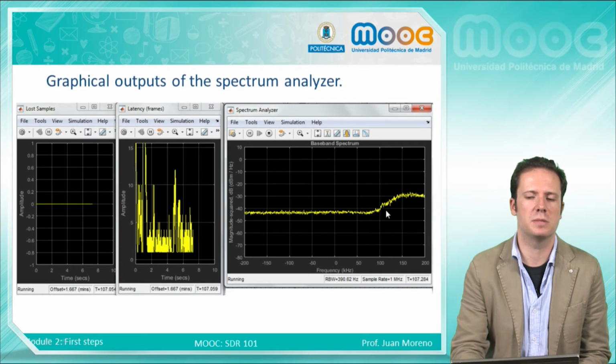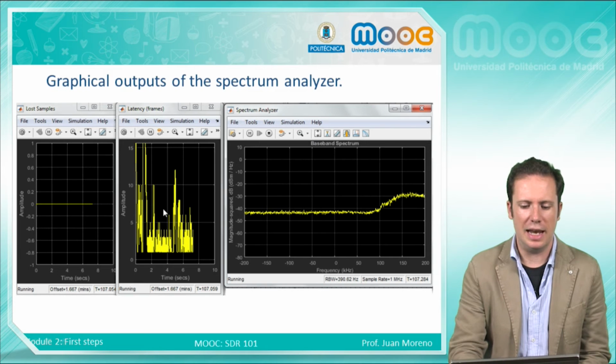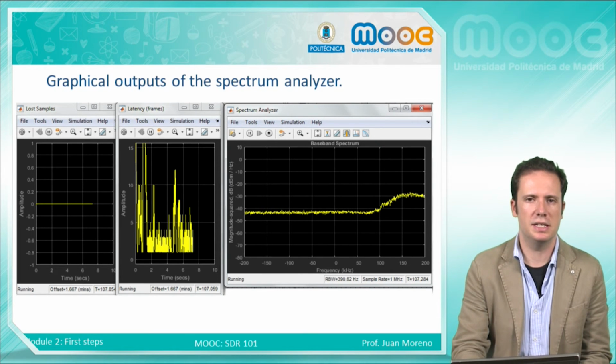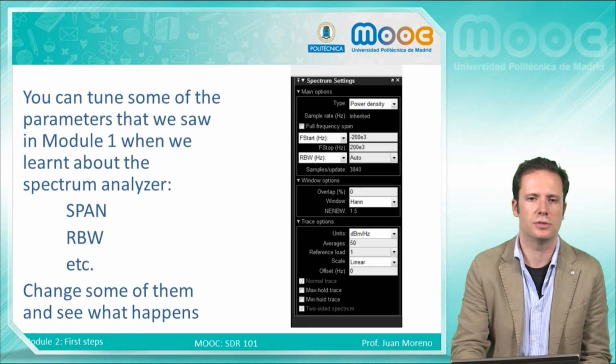Remember when we explained in module 1 the spectrum analyzer and the basic parameters that we can use. This is the latency, and this is the lost samples, because the RTL is able to tell you which samples has lost.